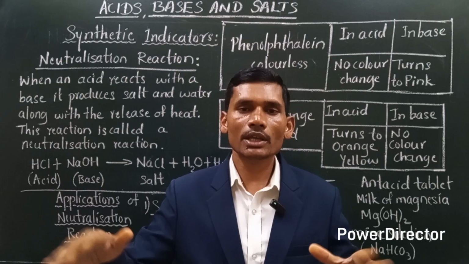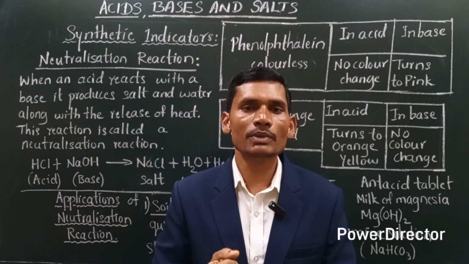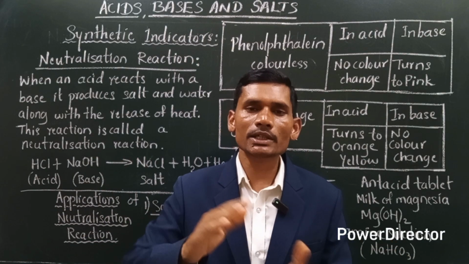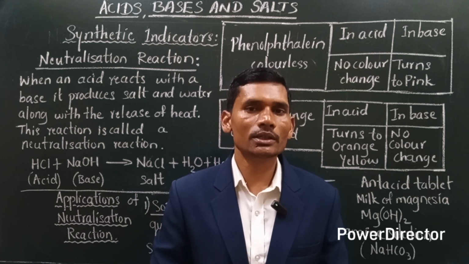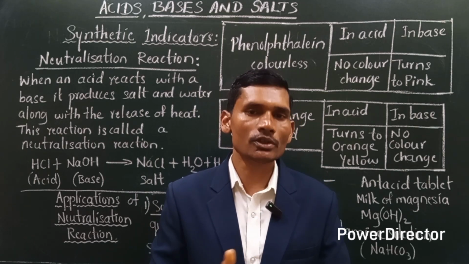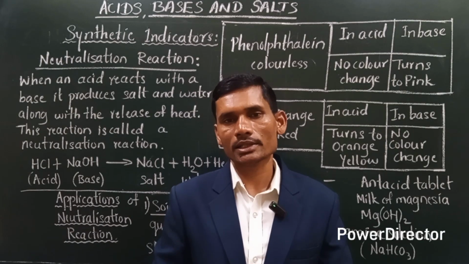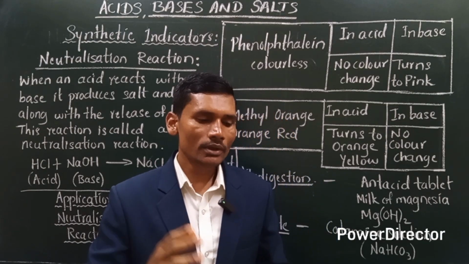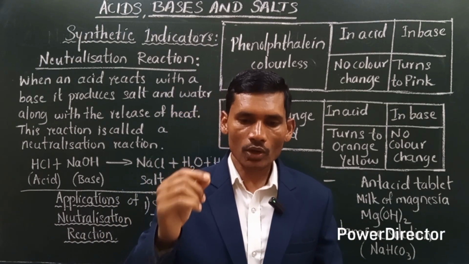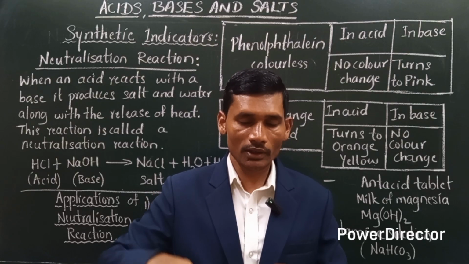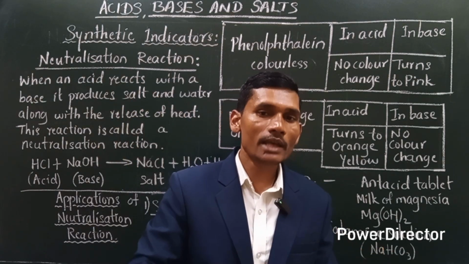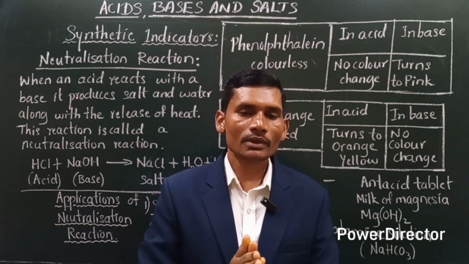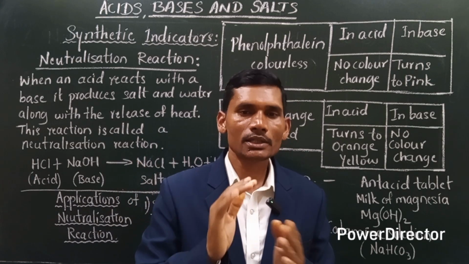We measure this in terms of pH. pH is the unit used to measure the acidity or basicity of the soil. You will learn that in higher classes, in class 10. Acidity will be high when the pH is low.